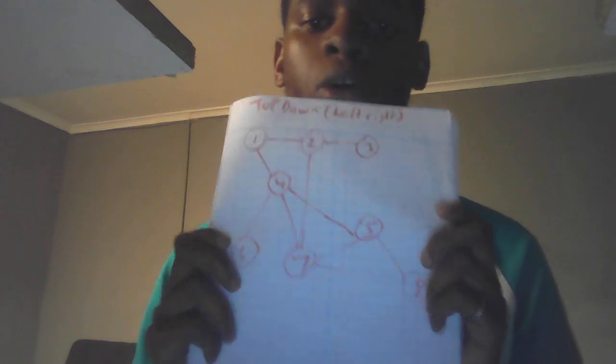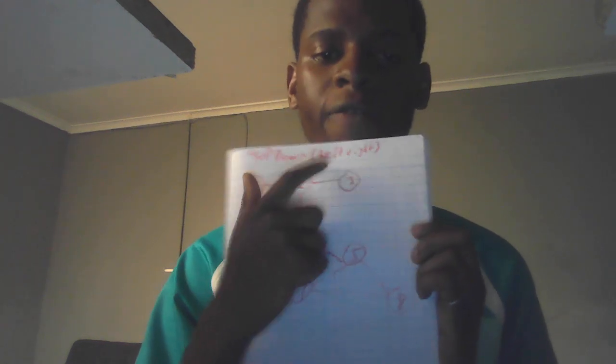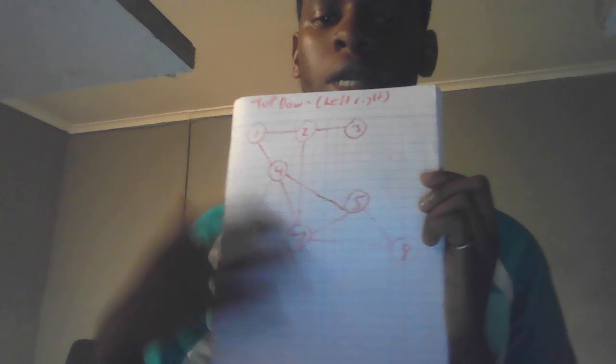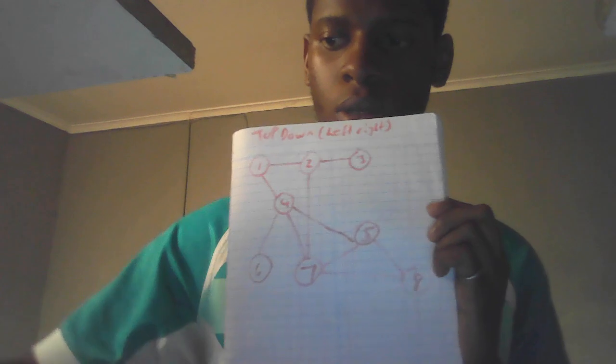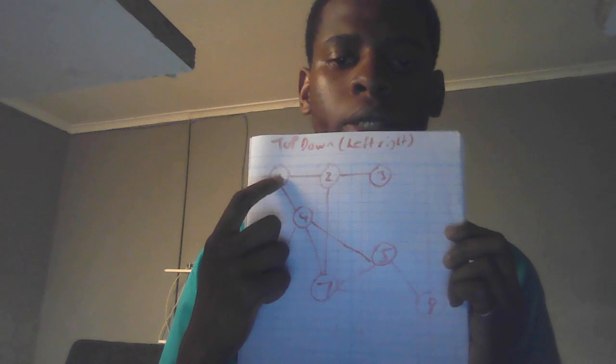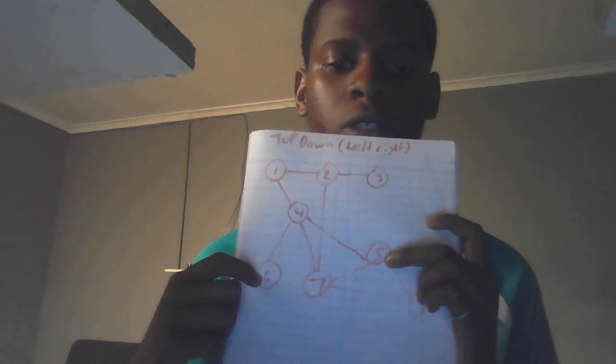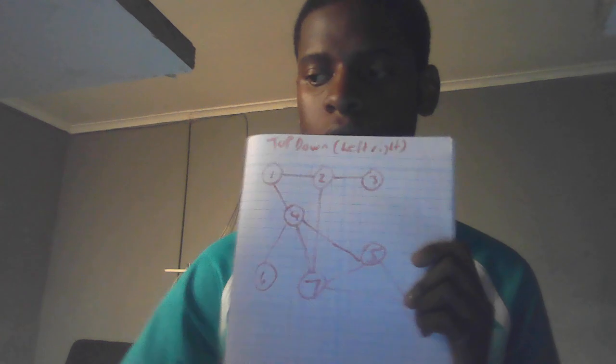So we move to top. There's a thing that we use in data science which is top, down, left, right. Here is an example of a graph algorithm where we have numbers from 1 to 8: 1, 2, 3, 4, 5, 6, 7, 8.